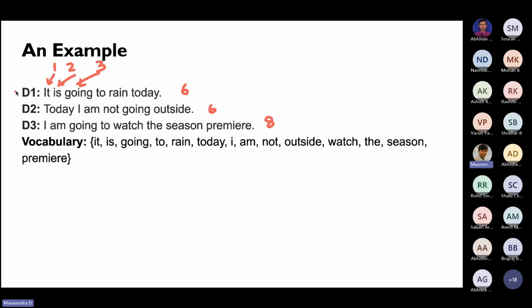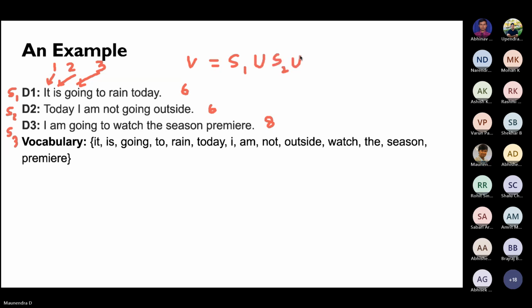So in other words, if S1 is the set of words in D1, S2 is the set of words in D2, and S3 is the set of words in D3, the vocabulary will be, can you write the vocabulary in terms of S1, S2, S3? Anyone? It's S1 union S2 union S3. Correct.